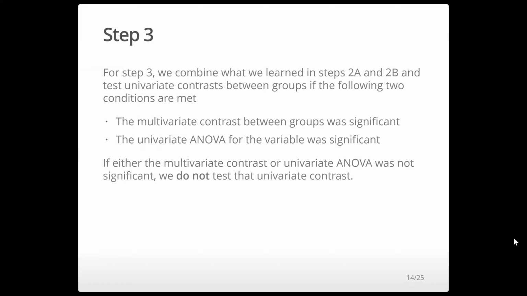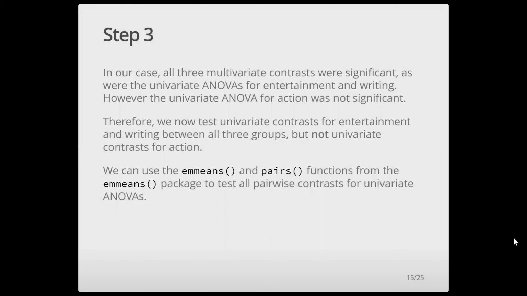Likewise, if there was a univariate ANOVA that was not significant, I'm not going to test the pairwise contrasts for that univariate ANOVA. Those are, again, stopping criteria that tell us not to probe further in step 3. In cases where both the multivariate contrasts and the univariate ANOVAs were significant, we'll go ahead and do univariate contrasts. Let's take a look at what this is going to look like.